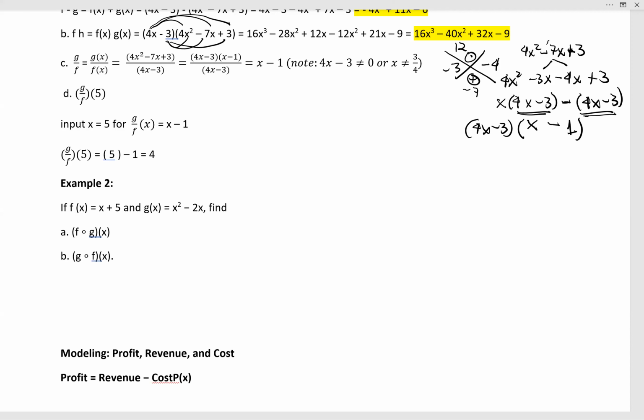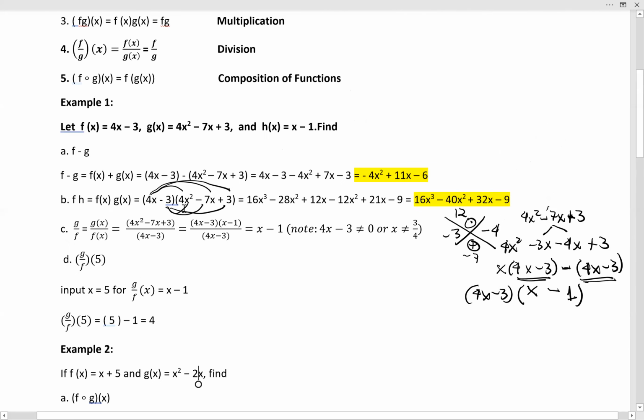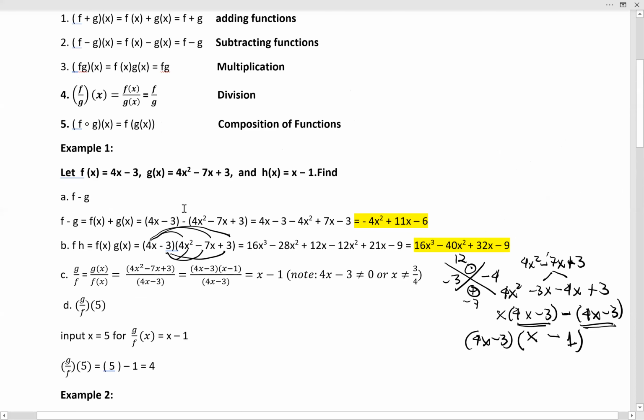And I want to find f composition g. You're going to come back to the formula of number 5, as it's called f composition with g(x), or someone called f of g(x).